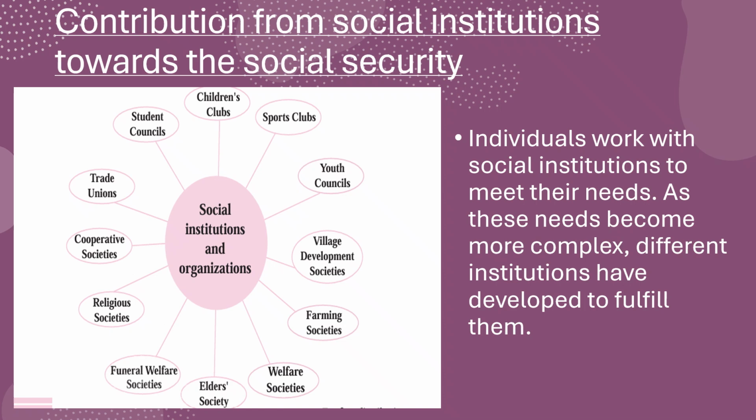You can see at the left side of the screen, this is a picture from your civics textbook, grade 9 English medium 1, and you can see some different social institutions and organizations. You don't really have to study all of these, like trade union, cooperative society, student council, everything here. Just study at least 3 or 5 of them. That should be enough.